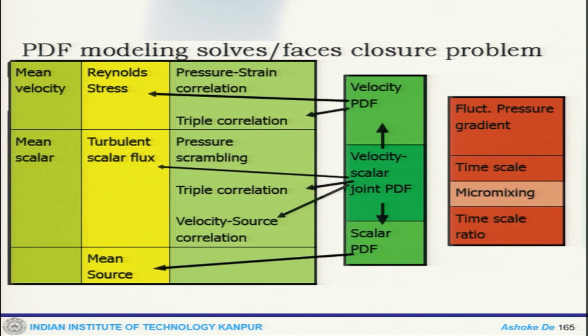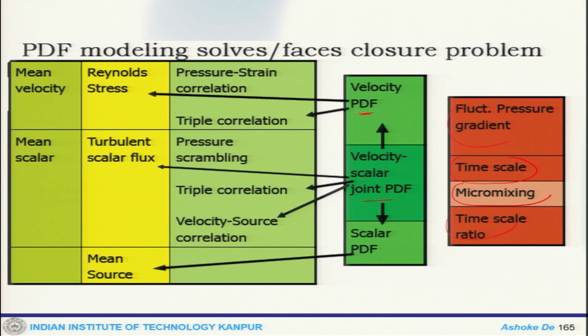So if you put the whole discussion of the scalar PDF or transported PDF together, you can get this velocity scalar PDF, this is the joint velocity scalar PDF, and this is the scalar PDF. From the joint scalar PDF you can still achieve your velocity PDF and also the scalar PDF, and the other terms you have are the time scale, the micromixing time scale ratio, and the pressure fluctuation gradient.